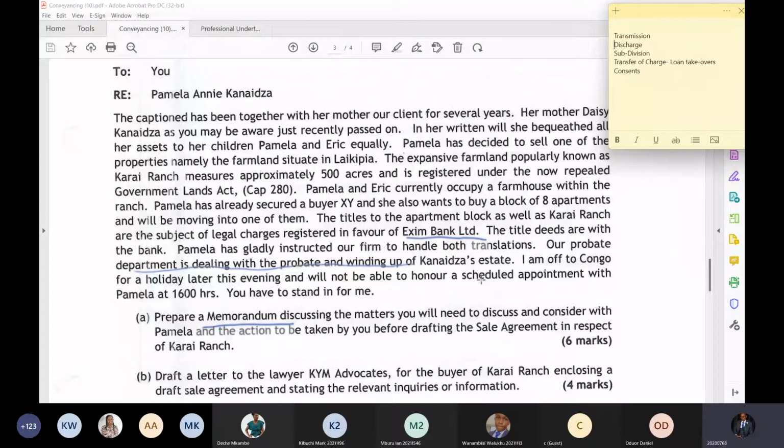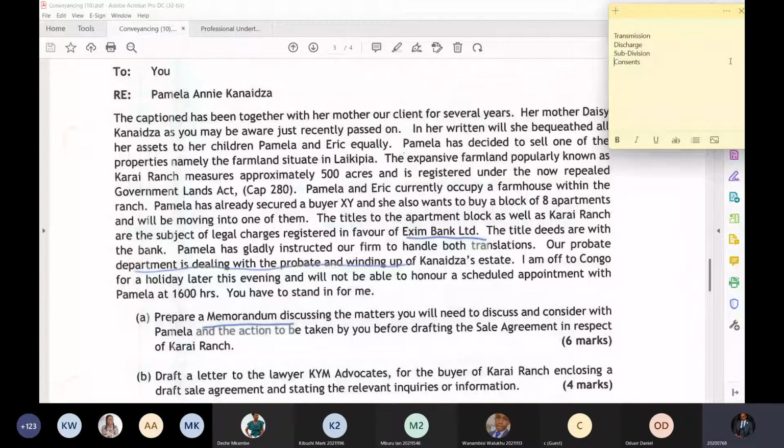Yeah. So under that, we have only, I think, 4 issues that will arise. The issue of transmission, there's the issue of subdivision, there are consents, and also the aspect of discharge or charge. Is there anything else we've left out? I believe there's also an issue of sectional properties.